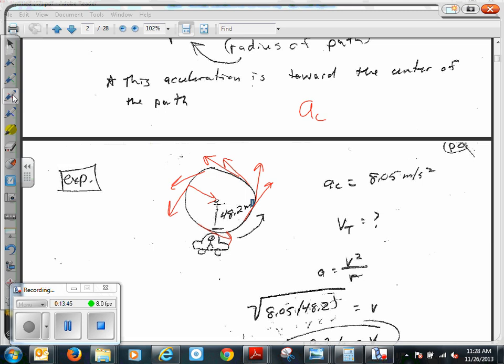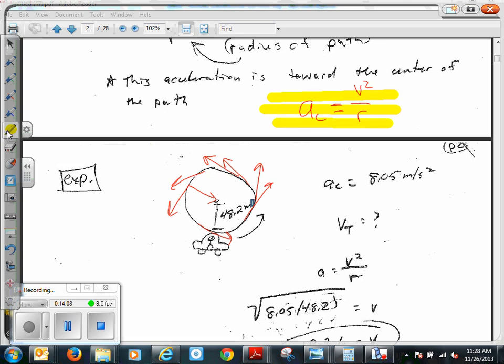Okay, so then we're going to call that centripetal acceleration, and you'll find that on your AP sheet, a sub c. That is equal to the square of the tangential velocity divided by how far it is from the center of rotation. So here's your new AP formula.